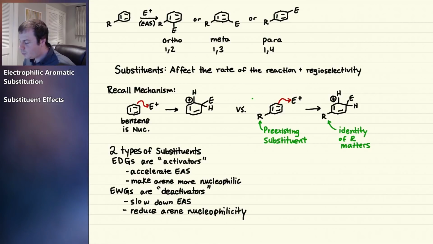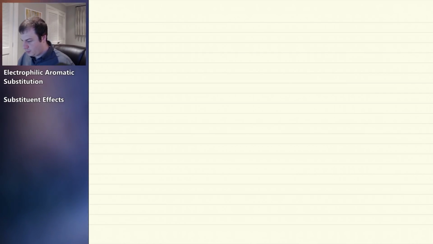Okay. So now what I'd like to do is just show you a few of these substituents so that you are aware of what kind of substituents do what. And we're going to classify them by activators or deactivators. So I'll call this the grand list of substituents.